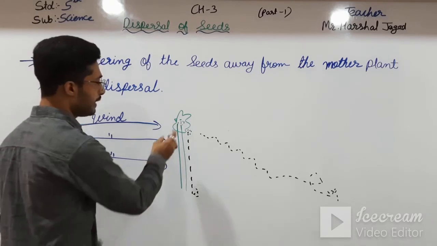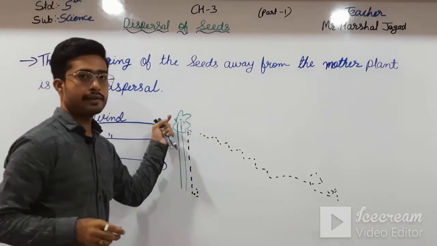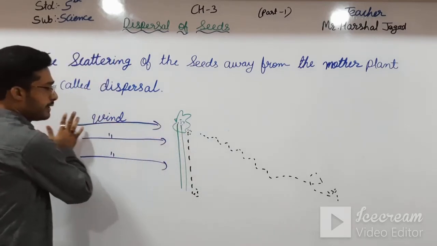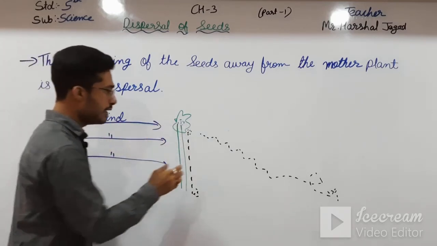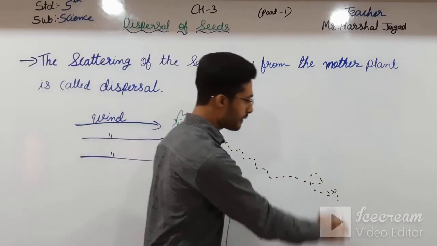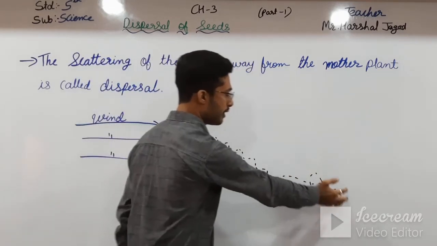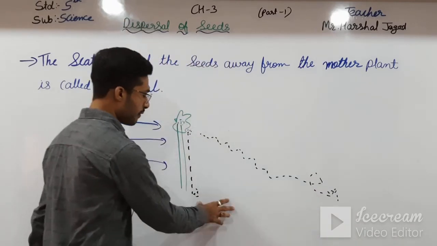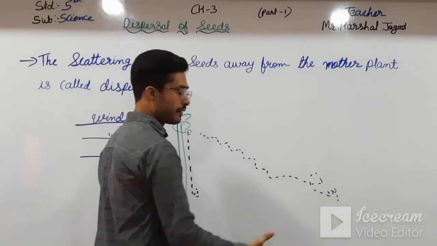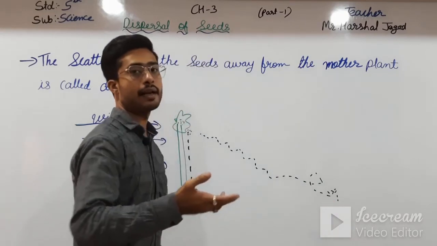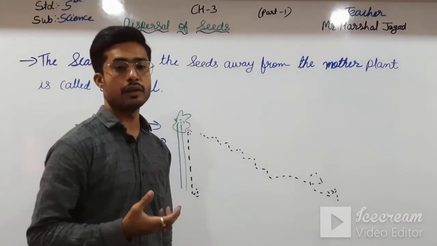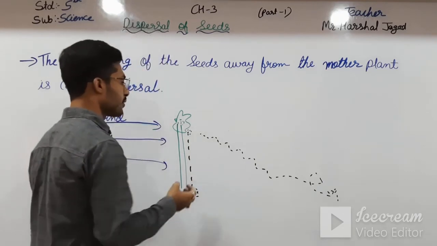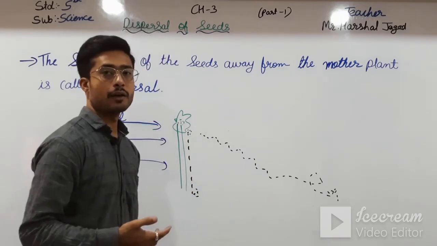See here, when the seeds are trying to fall down, due to this wind, they will travel a distance, and after some distance they will fall down, and it is more distance, so that they can grow far away. They can get some of the minerals or salts from the soil, so they can grow healthily.